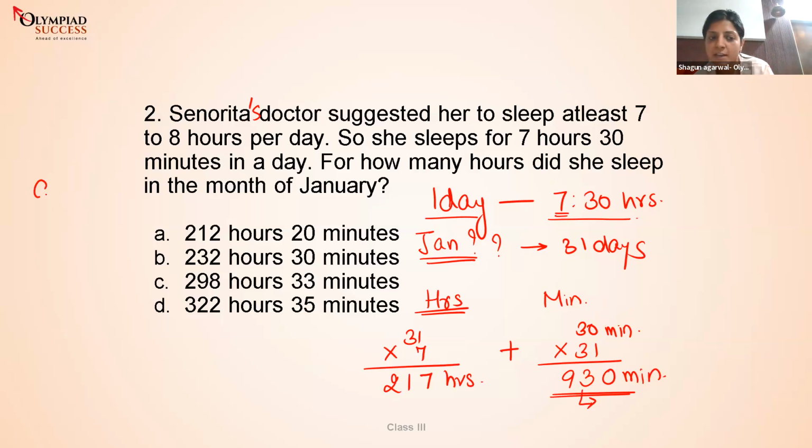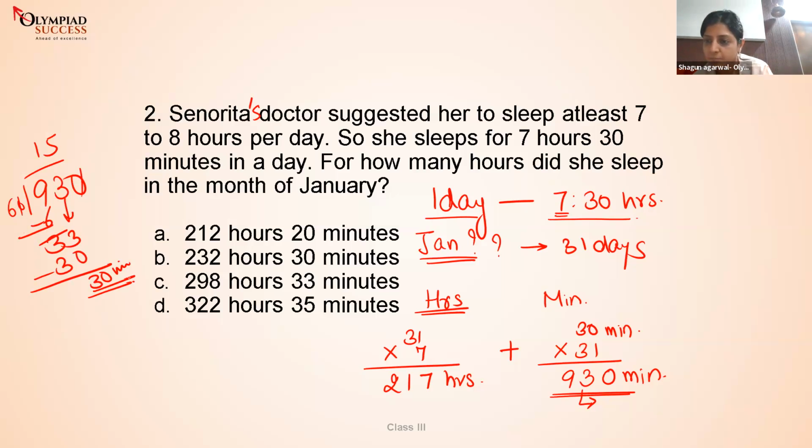How do I do that? I divide 930 by 60. The 0 gets cut. 6 ones are 6. I get 3 down. 6 5s are 30. You have 30 minutes left, and 15 hours. Now we add these 15 hours here, which gives you 232 hours, 30 minutes.